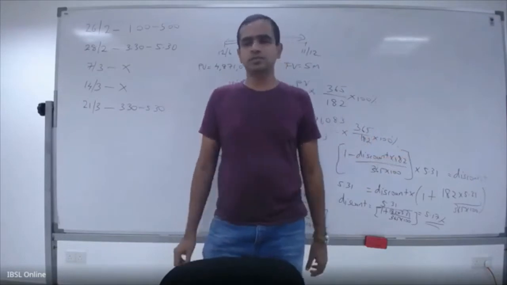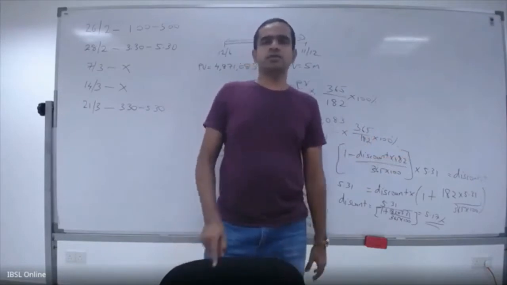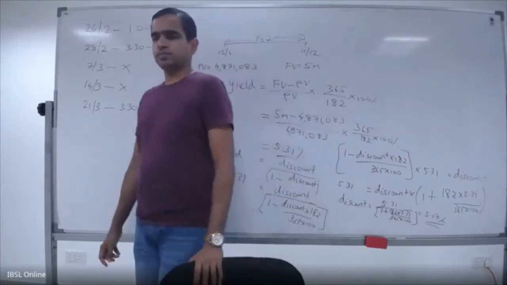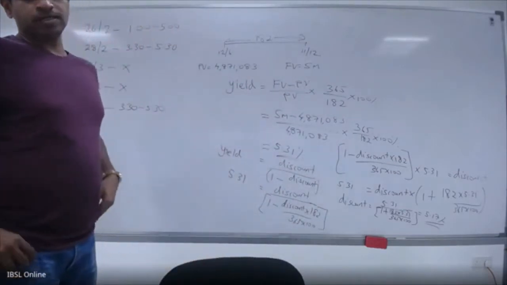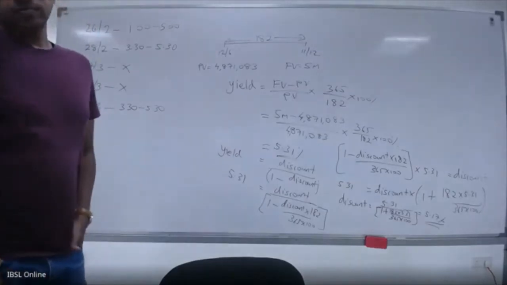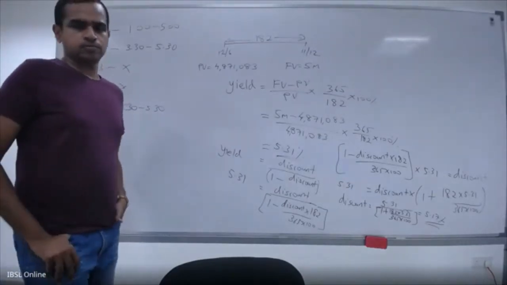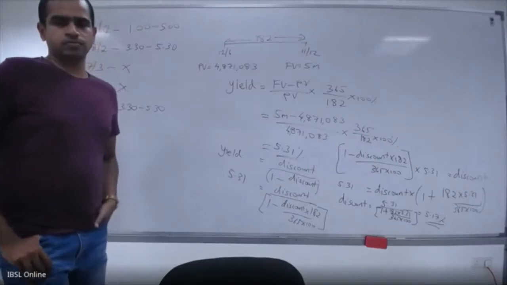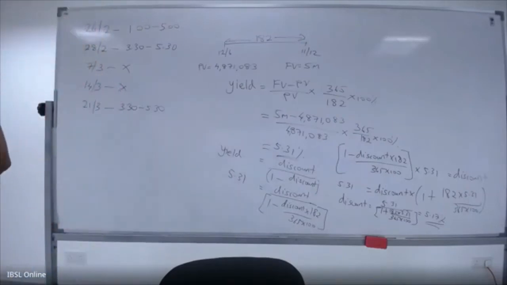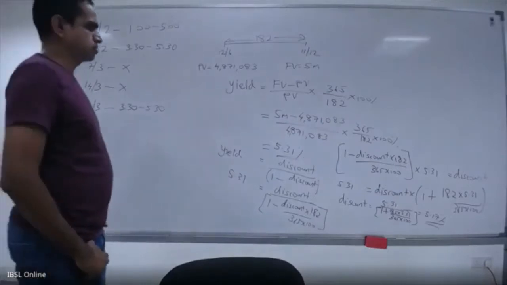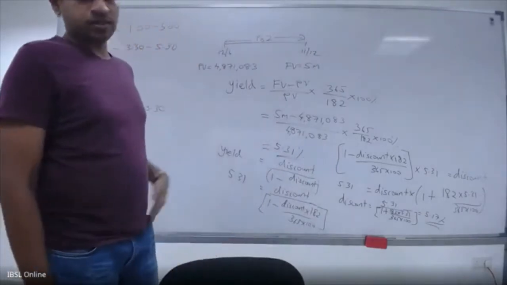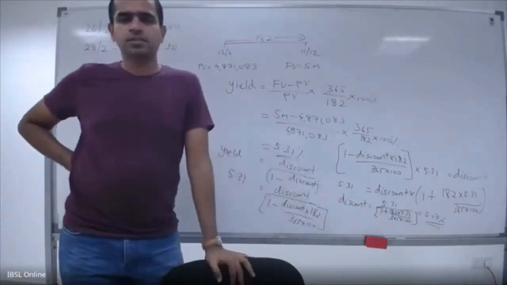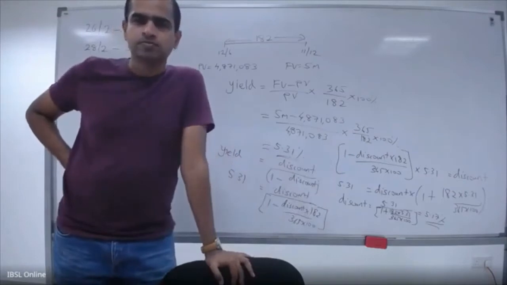Whereas the other one is the return that you generate on the investment. I hope that is clear. Right, so this is a simple cross multiplication which you would have done in trade 2.